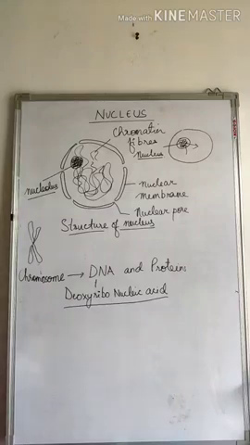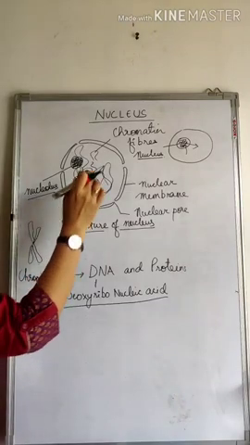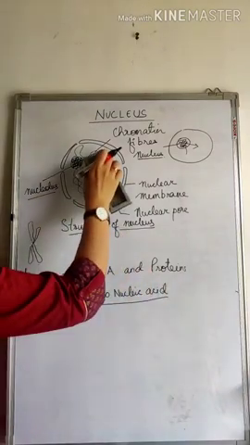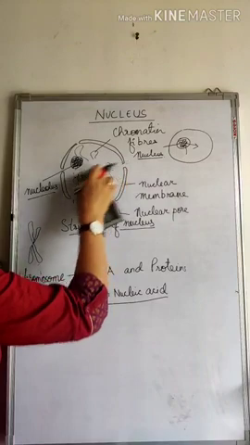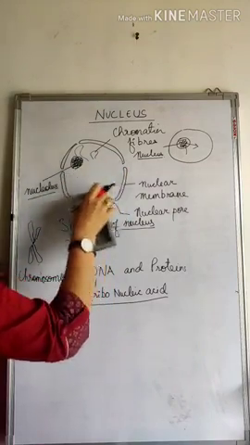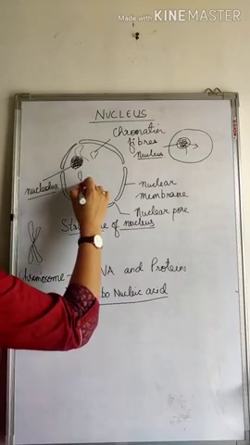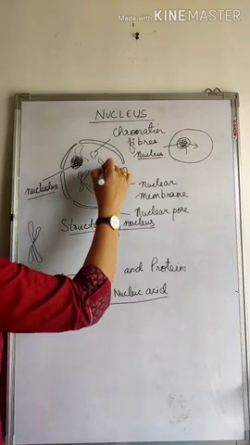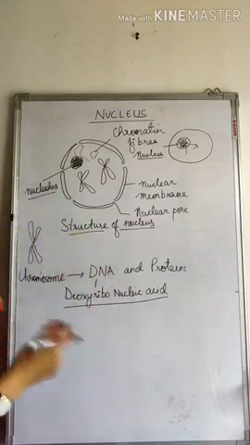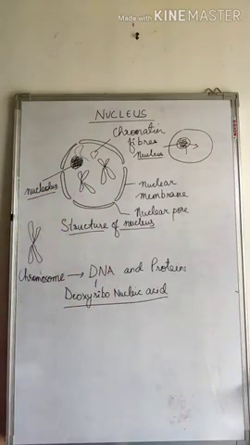When the cell divides, this particular chromatin fiber, they won't be chromatin fiber when the cell is dividing. What will they become? They will become chromosomes. Okay, and this chromosome will be carried from parents to the offspring or parents to the child.